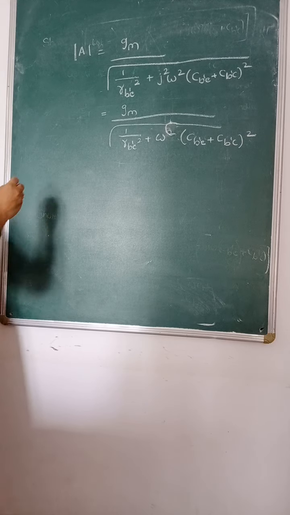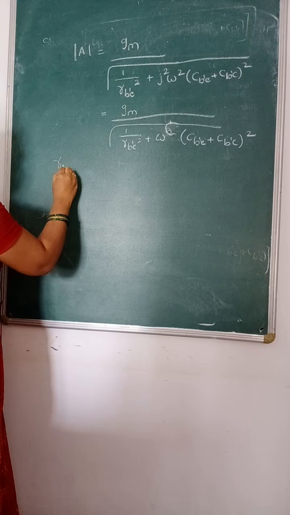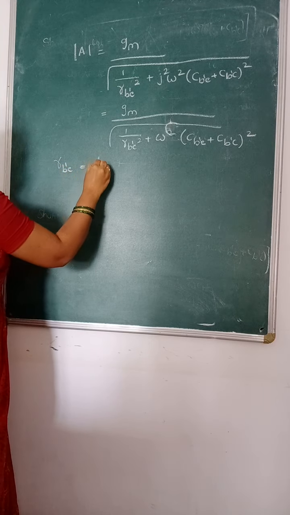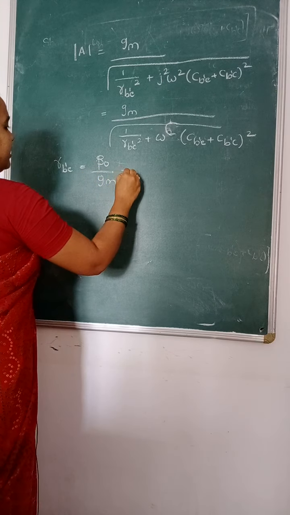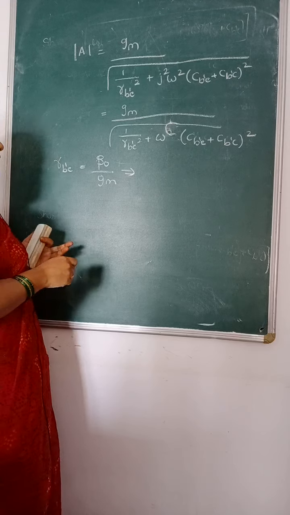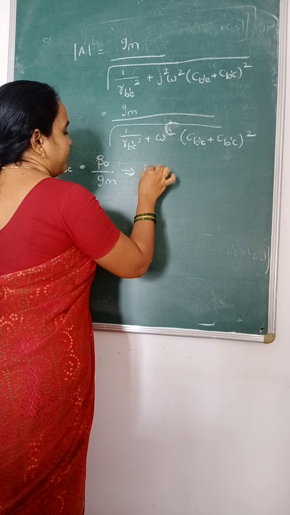We know that R B dash E is equal to beta naught by gm, as we already wrote down among the elements of the hybrid model.